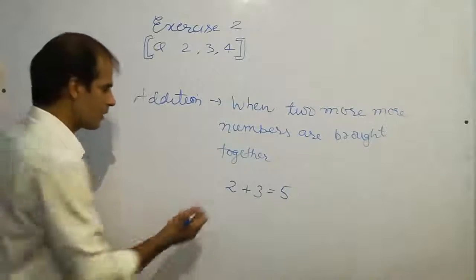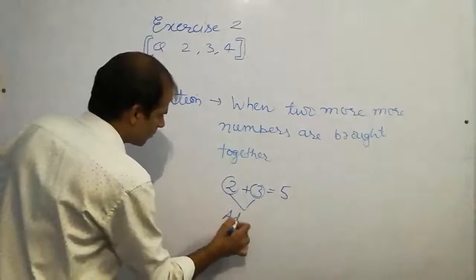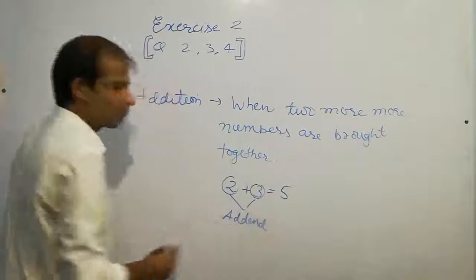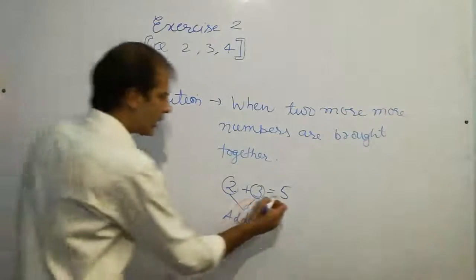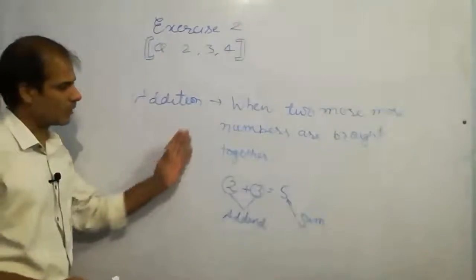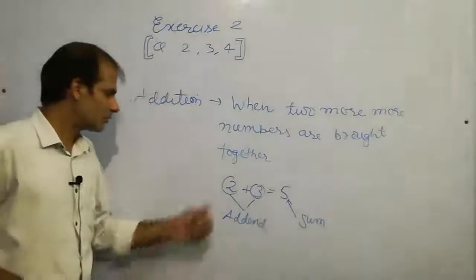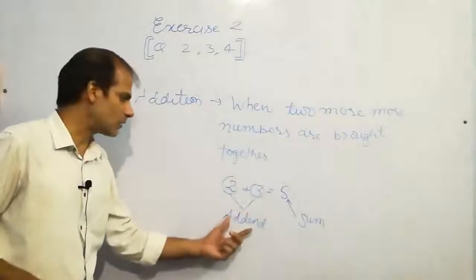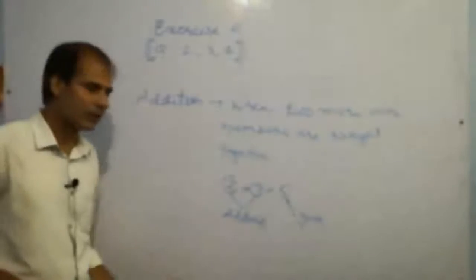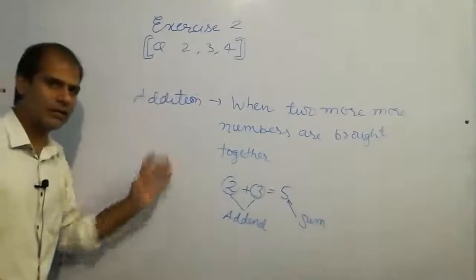This 2 and 3 both are called addends. And this is the sum, the answer, which is called sum. So remember, when you add 2 and 3, these numbers are called addends mathematically, and this is the sum. So this is the basic concept of addition.